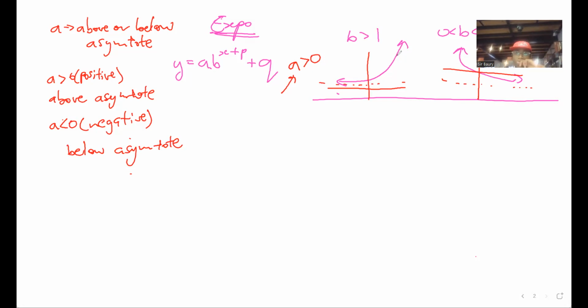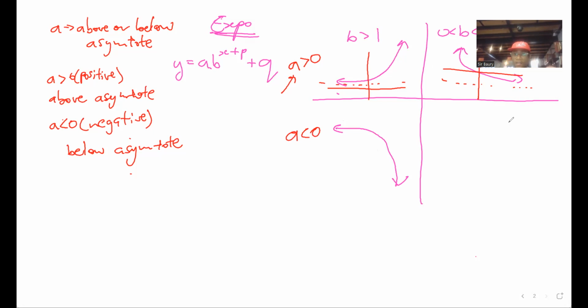asymptote. So let us say that we have a being less than 0 now. This is basically a reflection, right? So you're going to have something like this. The graph now is that.